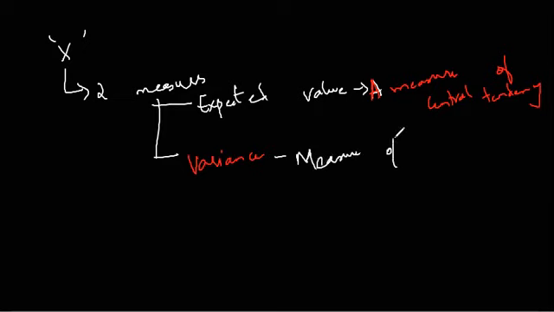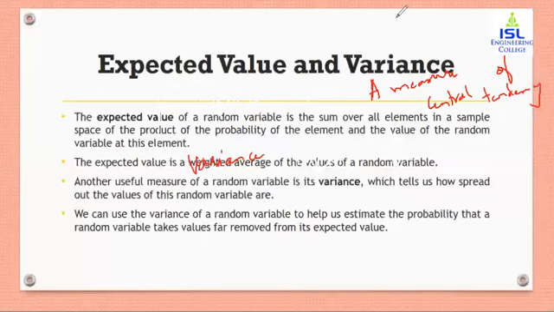Now, what do these terms mean? I'll explain them in a bit. For now, we have X, which is a random variable assigned to an outcome of a sample space when they are non-numeric, and it can be characterized by two measures, expected value and variance. Now, let's see the definition of expected value and variance.